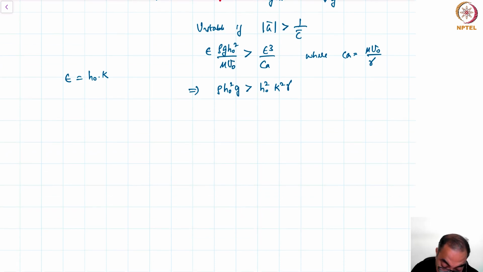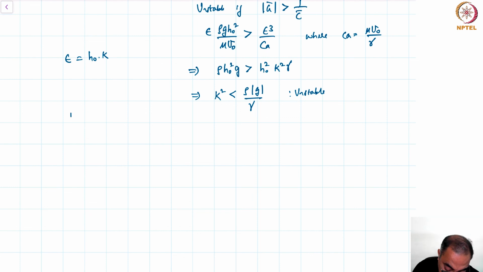What we now have is, if K square is less than rho G by gamma, then you have unstable. Or we can say unstable if K is less than a quantity Kc, which is rho G by gamma.